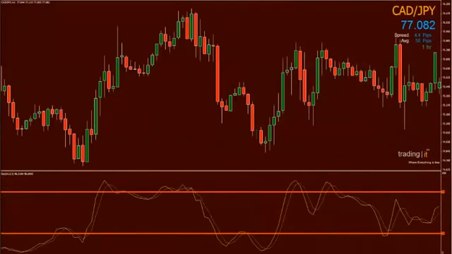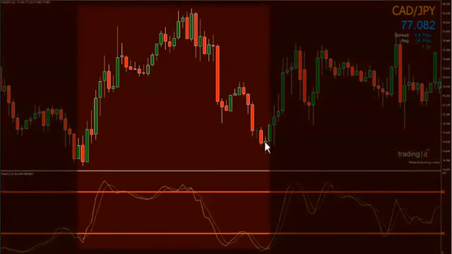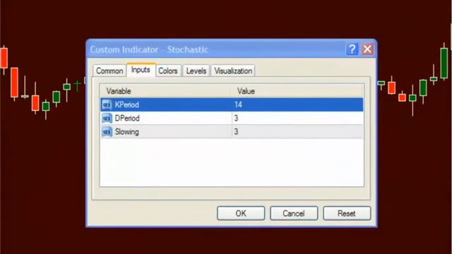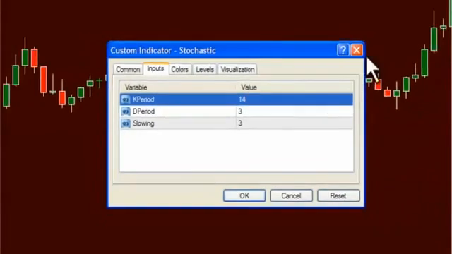Like any other tool from the trader's toolbox, a stochastic should be used in conjunction with other tools. Identifying whether price is in an uptrend or a downtrend is critical in implementing a trading strategy before selecting the types of tools you will use. Off this 1-hour chart on the CAD yen, we'll elect to use the 14-3-3 setting for the stochastic.